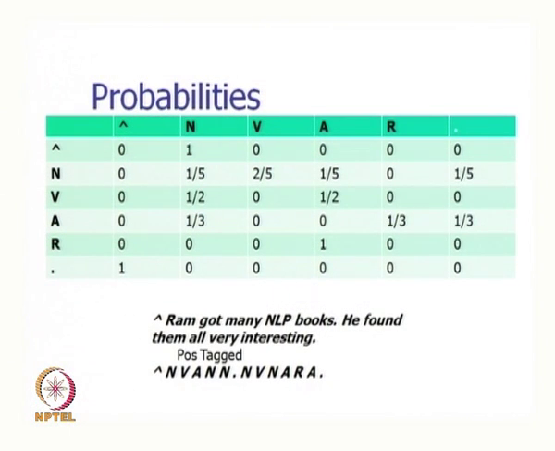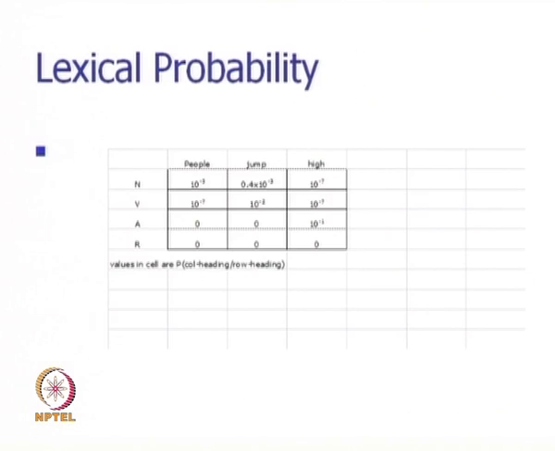Moving forward, we also have to find out the probability of the word given the tags. Bigram probability was discussed. Now, we have to discuss the lexical probability. We have to find out the probability of people given that the tag at that position is n, given that the tag at that position is verb, given that the tag at that position is adjective or adverb.